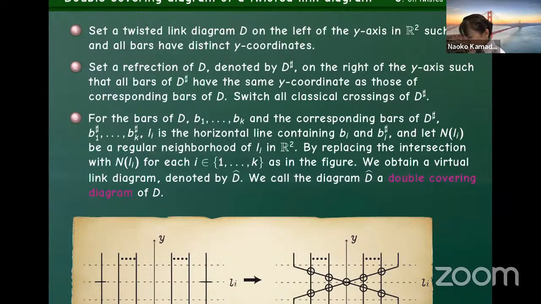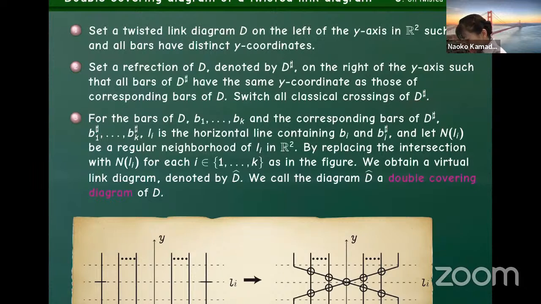Set a reflection of D, denoted by D sharp, on the right of the y-axis, such that all bars of D sharp have the same y coordinates as the corresponding bars of D, and switch all classical crossings of D sharp.